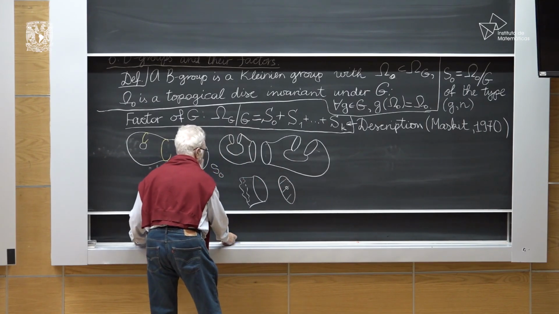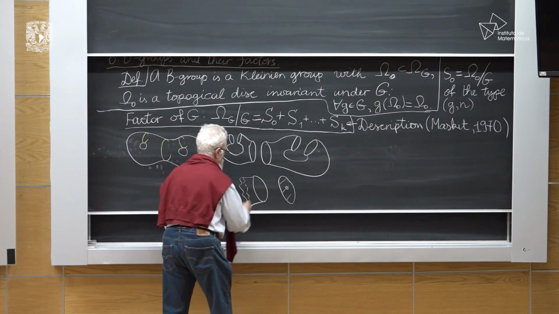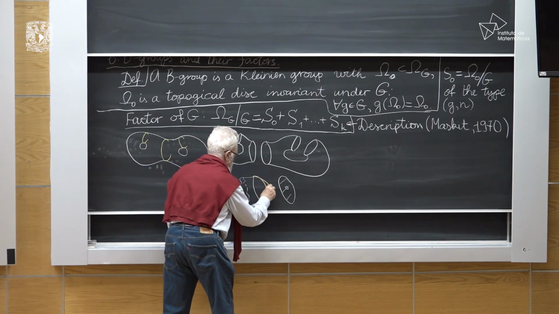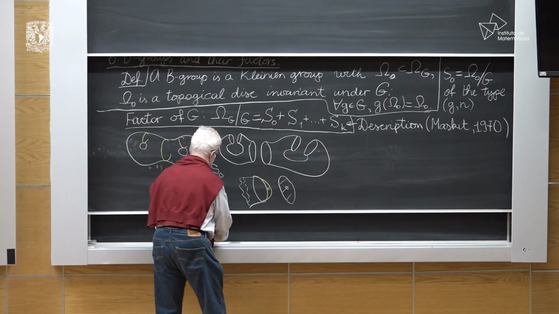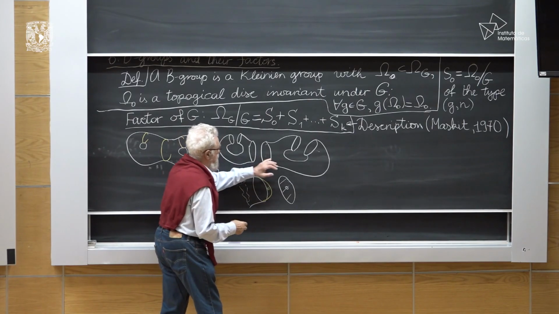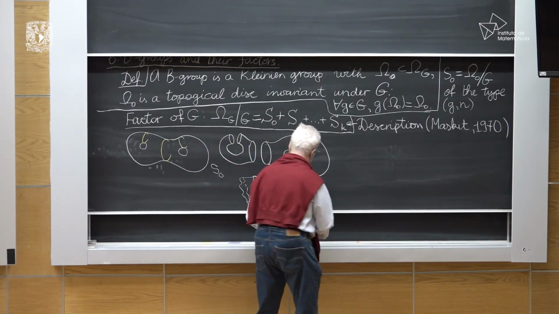Then you get something like this. A punctured disk is glued in, and this is the puncture. So you get, in this particular example, two Riemann surfaces.